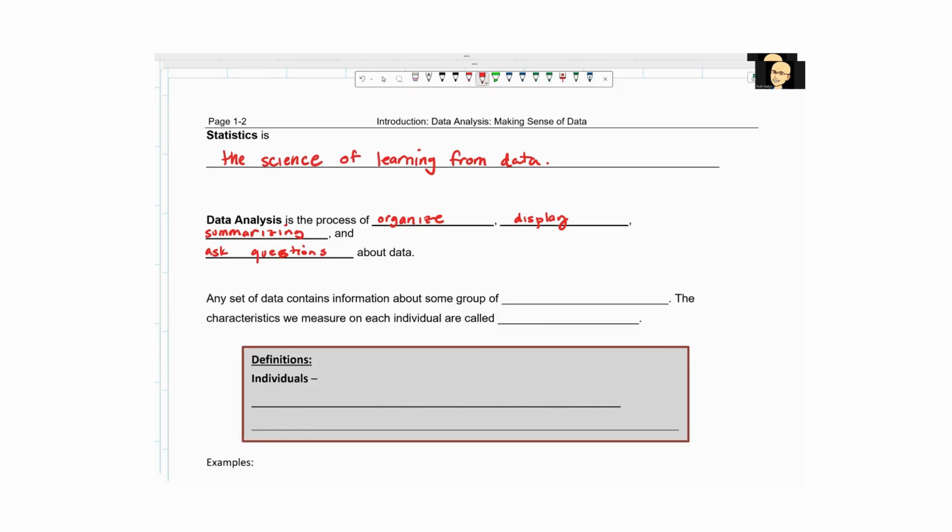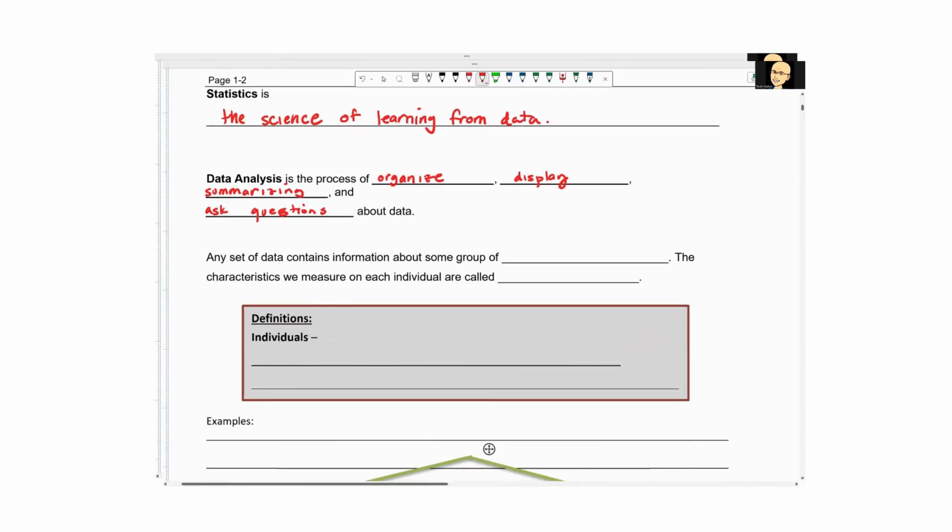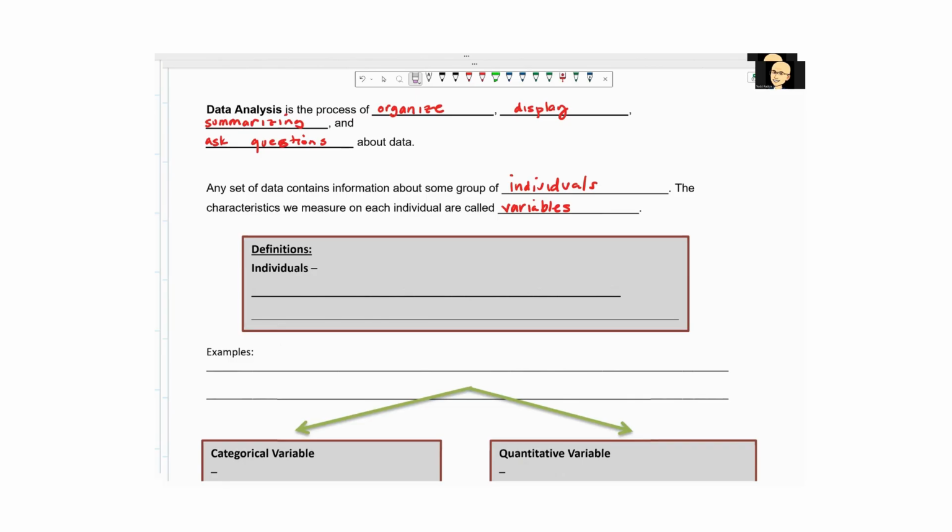Now, to do that, we've got to break down the process of dealing with data. And when we have a data set, the data set is made up of individuals. So, what's a firm definition of individuals? Individuals are the objects described in a set of data.